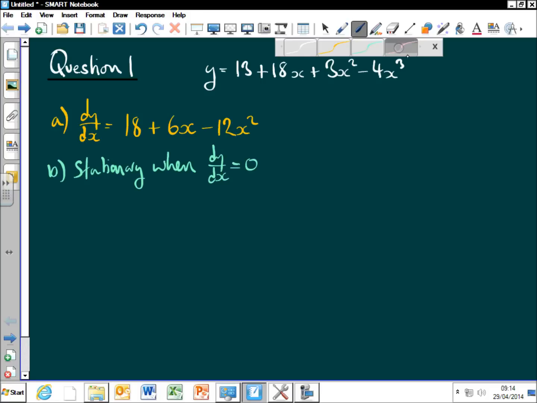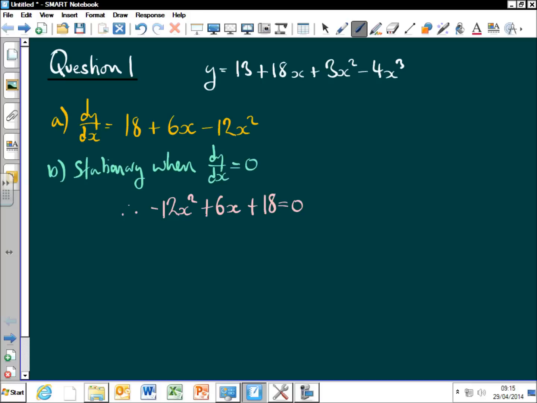So therefore we're going to let minus 12x squared plus 6x plus 18 equals 0. And what I can do with this is divide through by 2.